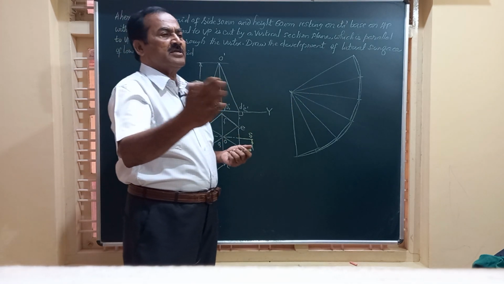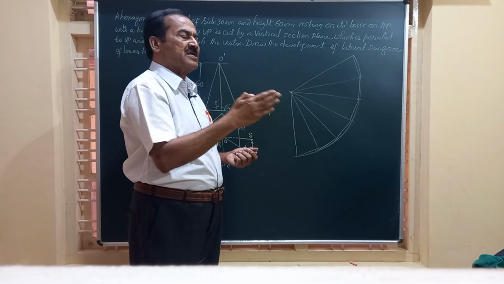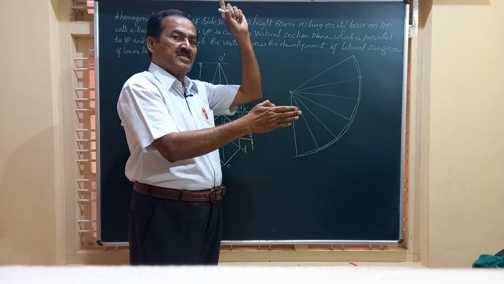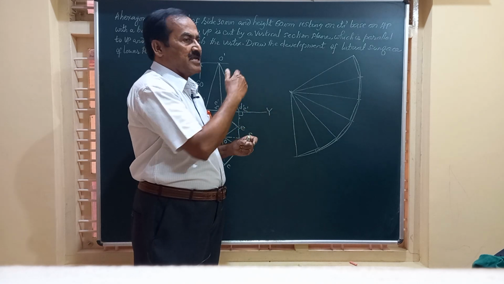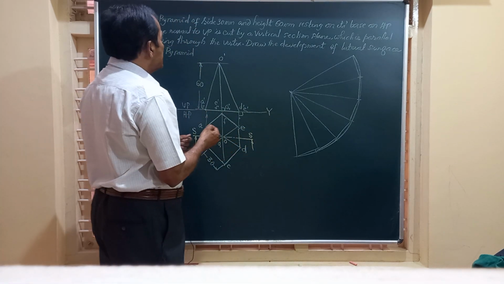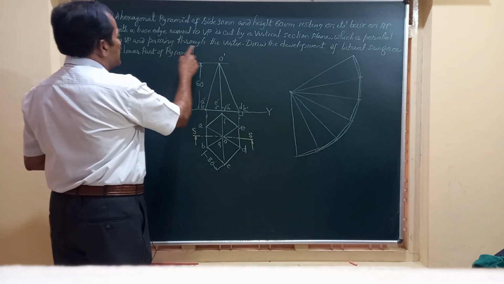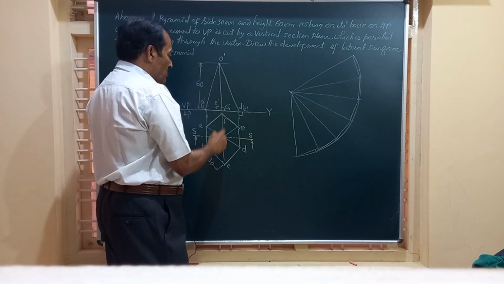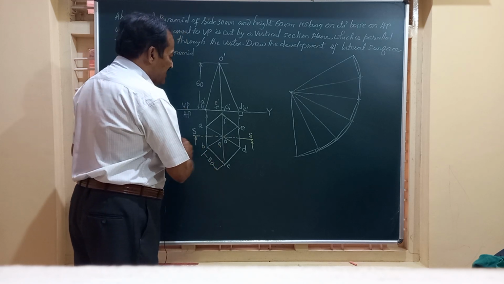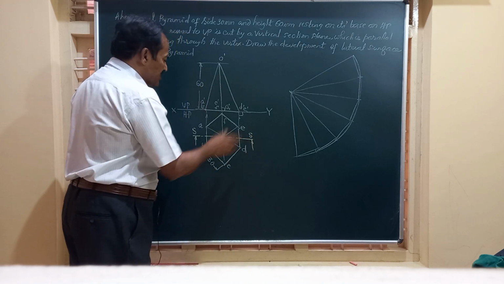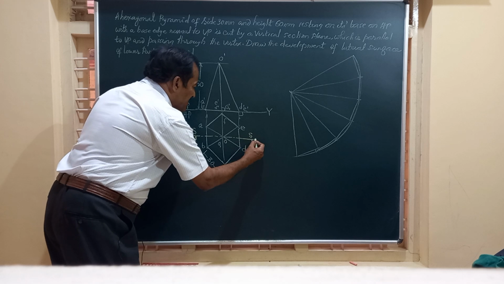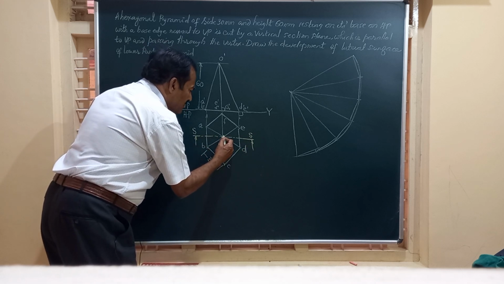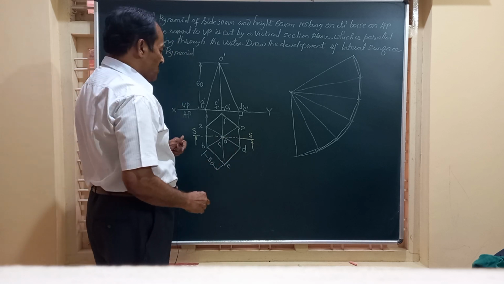A vertical plane could be inclined to VP also, but in this problem, this vertical section plane, which is seen as a line in the top view, is parallel to VP and cuts the pyramid while passing through the vertex. The vertex is O. In the top view, you have this O here. And there is a section plane which is vertical and that is represented by SS and that is passing through the vertex of the solid.